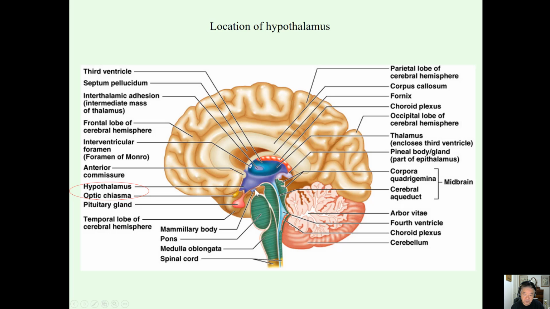Posteriorly, you have your mammillary body, and the third ventricle is right in the middle. The hypothalamus lies on both sides of the third ventricle. It has a size of 1.5 to 2 cubic centimeters, so it is a three-dimensional structure.